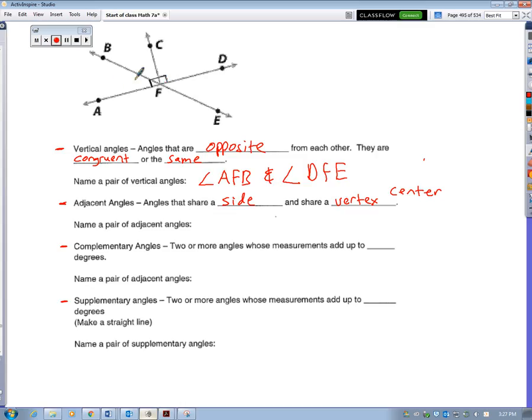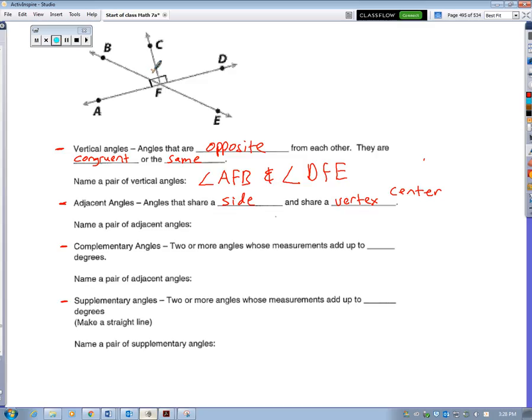I mean, we have this angle right here and this angle right here. They both share this side. They both share the same middle vertex. We have this angle here and this angle here. They both share this side. They share the same center. This angle and this angle are adjacent. There's a lot of them that we could name. Okay, many adjacent angles. Alright, so we can just name any two that we want to.